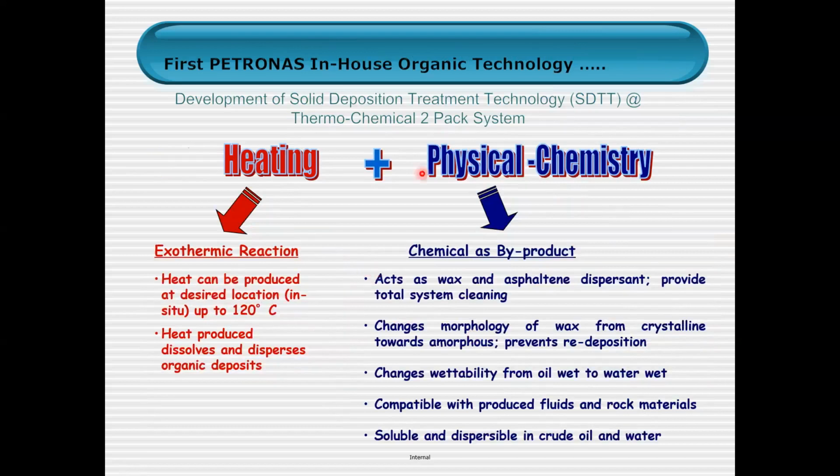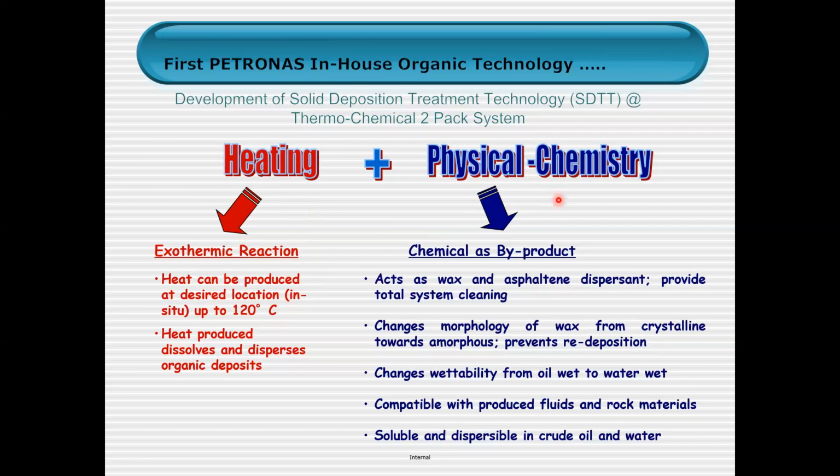And what did we develop? What is Solid Cleanse technology? Initially, it was called solid deposition treatment technology, a thermochemical pack system. What this chemical does is it uses two different products. When we combine them, it gives you heat. As you know, wax, and in fact asphaltene, can be melted by this heat.